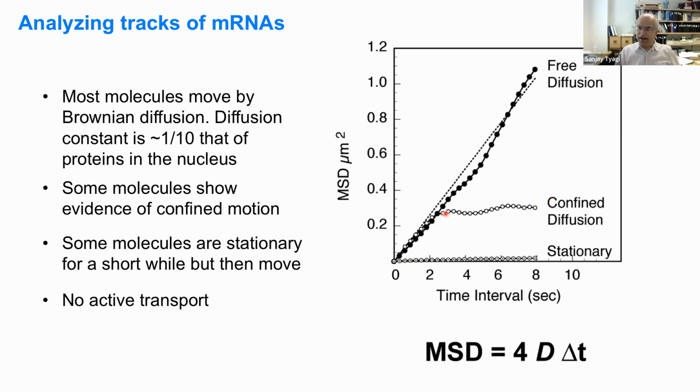You can analyze this graph right here: it seems to be freely moving in that space, but beyond the space, it's confined. So those little pockets are confined diffusion. And we also found that about 25% of the molecules were stationary. They were not moving at all. And I come back to this.